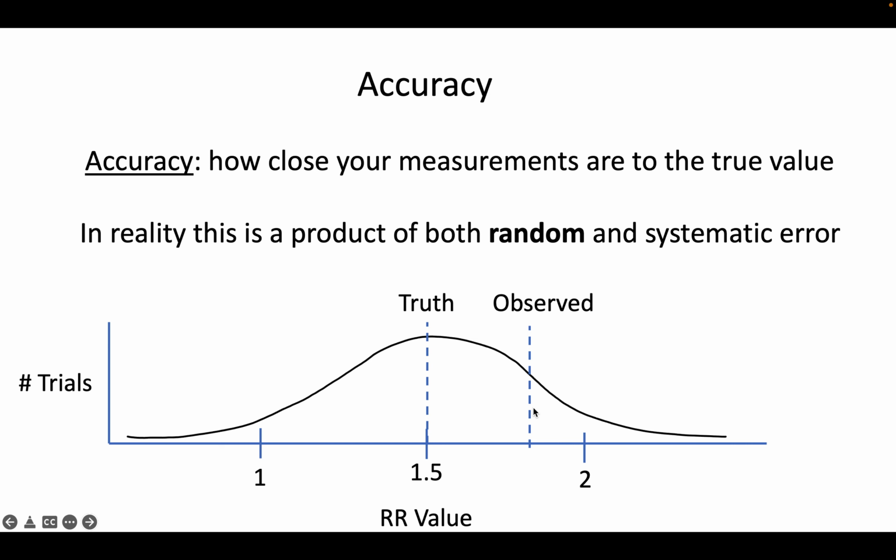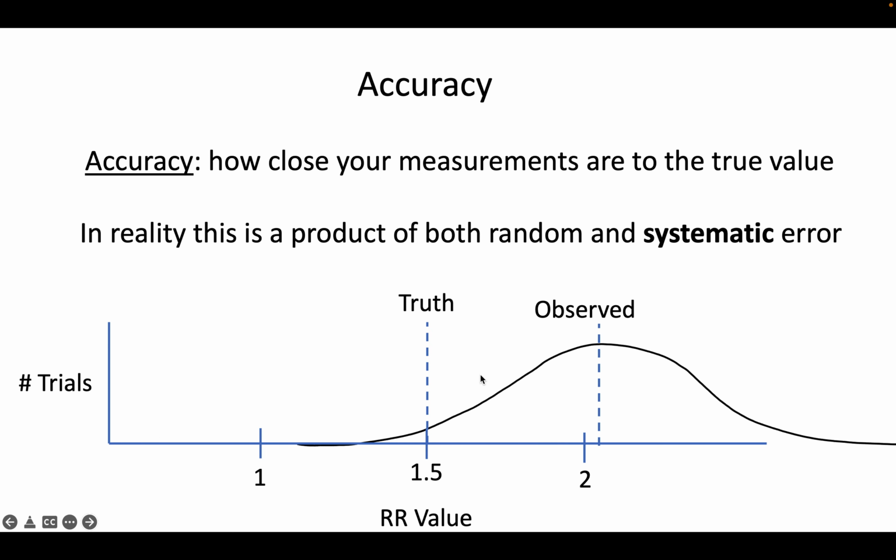Let's say in one of those times we observed a value this different from the true value. It's still within the distribution; it's not the true value, but the fact that it's part of this distribution shows that it's not outside the realm of possibility that it could have happened due to random chance. So that's how random error could influence accuracy basically.